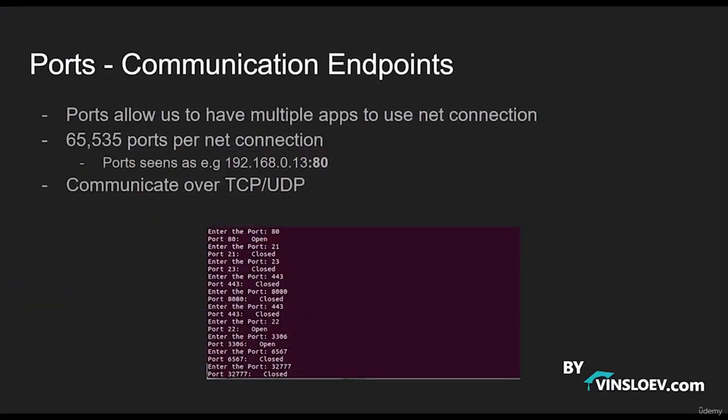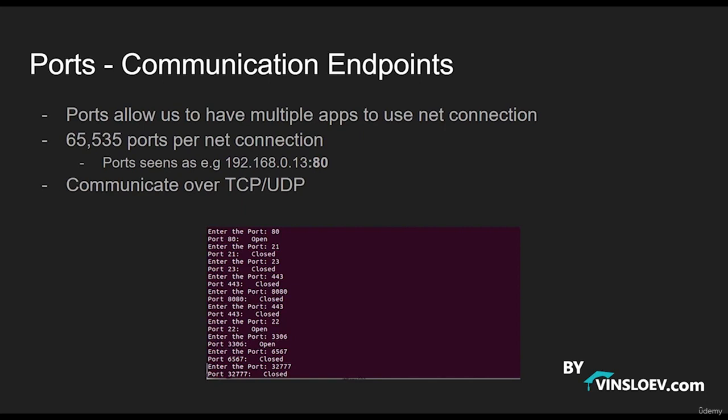So in the last lecture we discussed TCP and UDP, which are two communication protocols, and we'll start this off by discussing ports, because ports, when talking about communication, and especially network communication, are an essential topic. Ports allow us to have multiple apps use a network connection, meaning that we can have several apps running on our device that are communicating over the network because they rely on these different ports.